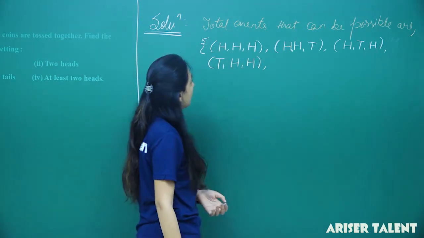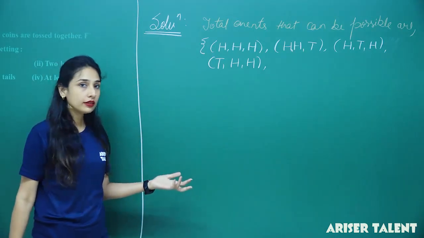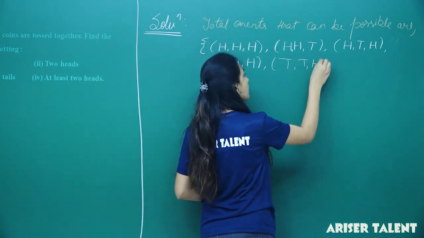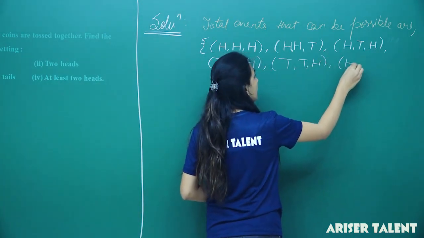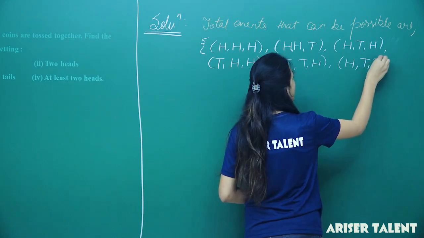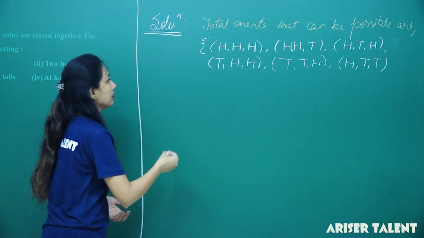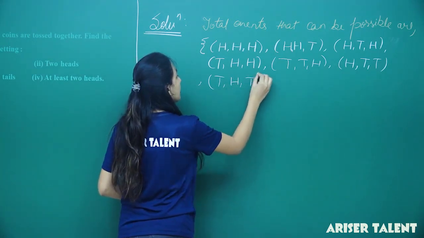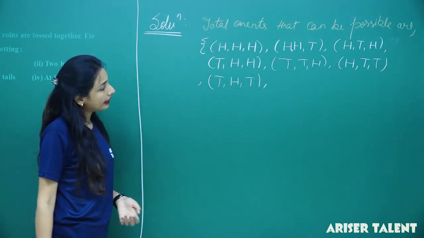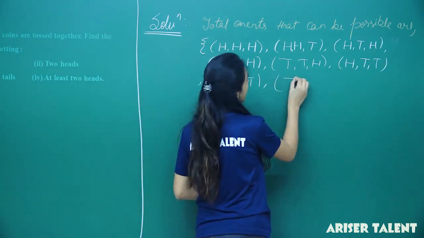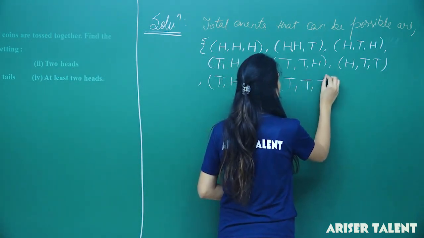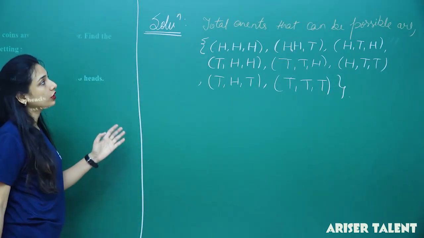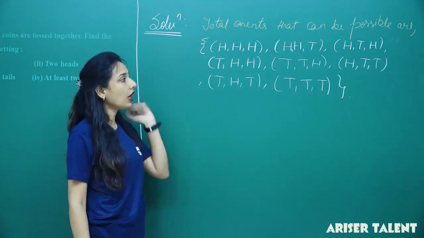Now we are going to have 2 tails, 1 head: tail, tail, head; then head, tail, tail; then tail, head, tail; and then there's another one which is tail, tail, tail. That's so simple, isn't it? These are the possible outcomes.